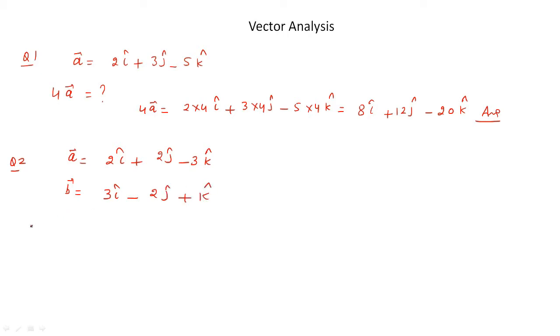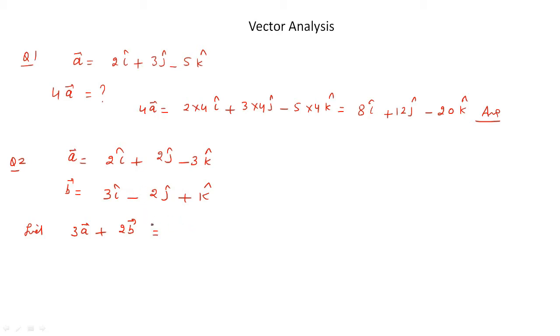Now here we have to find 3A plus 2B. So to find 3A plus 2B, first we will multiply vector A by 3 and vector B by 2, and then we will add these vectors.